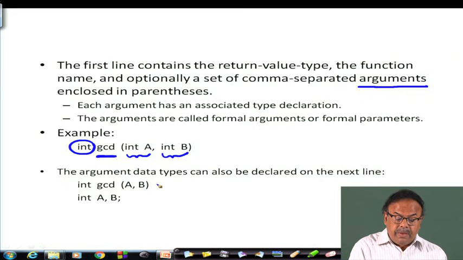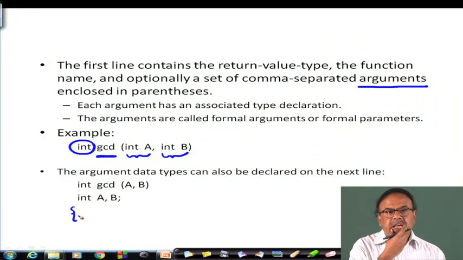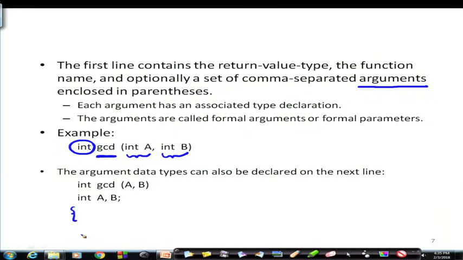For example, instead of writing it this way, I can write int GCD(A, B), and in the next line before the body, before the bracket, immediately after that you can write int A, B. In an earlier example I made a mistake: I had put the bracket inside the parentheses, it should not be inside.